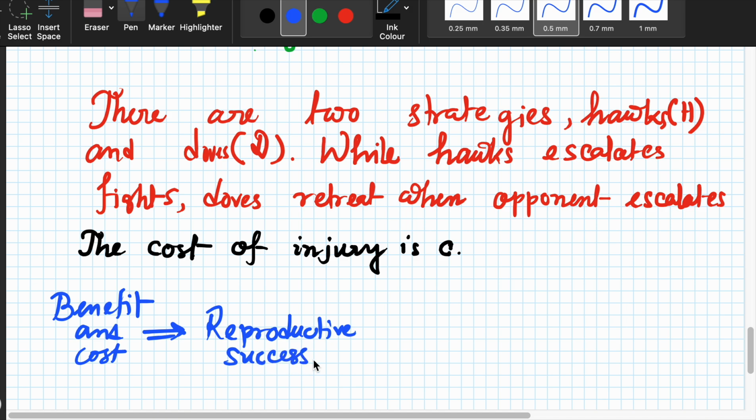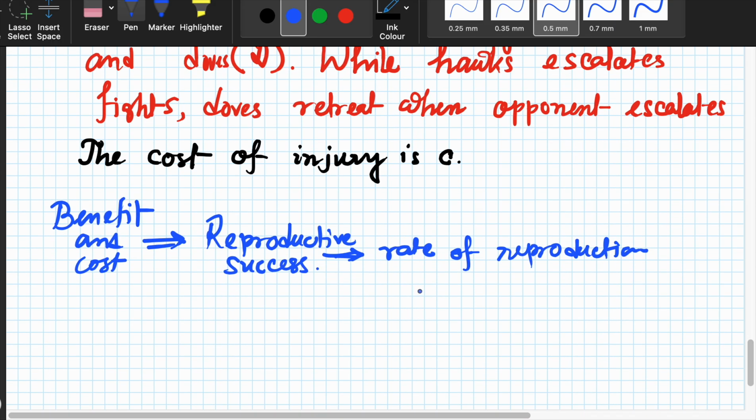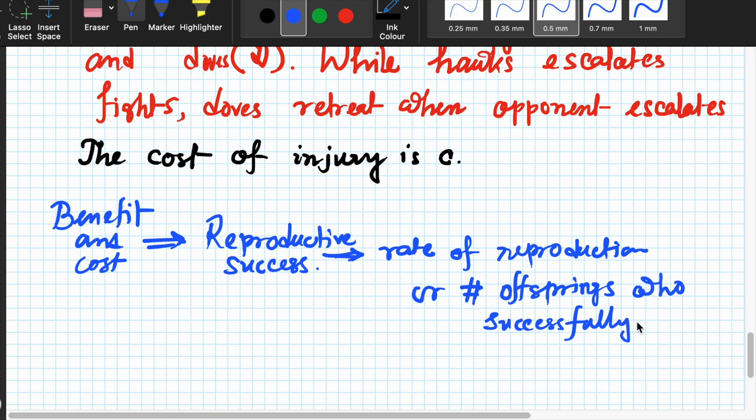It is in general treated the rate of reproduction as fitness, or equally, the number of offspring who successfully reach their reproductive age.